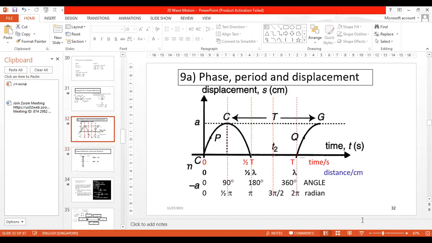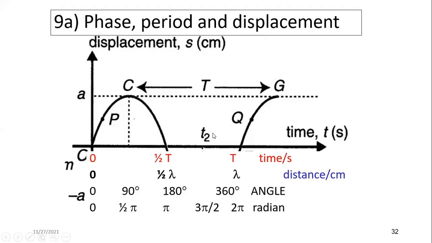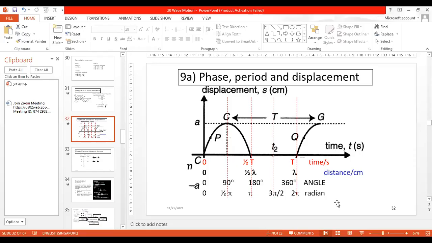This 90 or half pi. This 180 or pi radian. This is 270 or 3 pi over 2. This is 360 or 2 pi. Make sure you know all that. Then you can do it very fast.